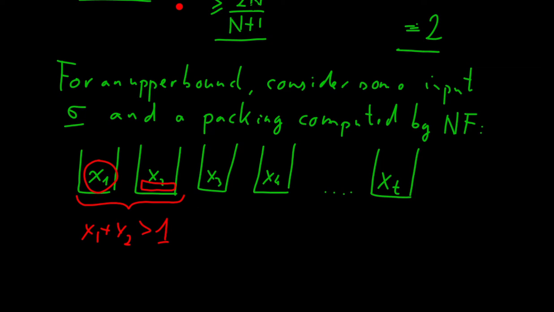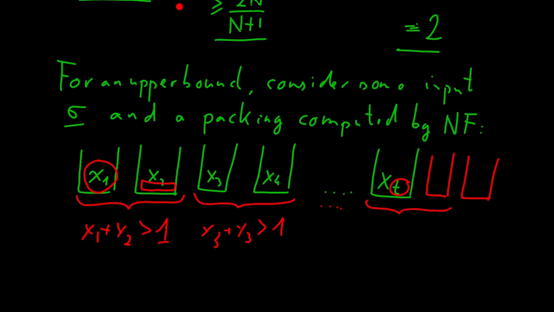And of course the same thing happens with these two bins, so x3 plus x4 is at least 1, and so on. Now it might happen that t is odd, it might happen that t is even, but nevertheless, if it's even, then the whole sequence, so it's x_{t-2}, x_{t-1}, and x_t, why not?